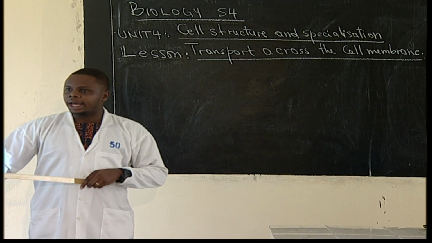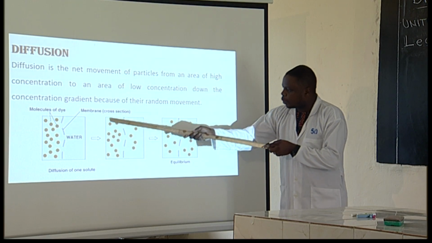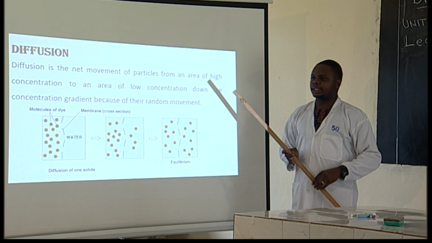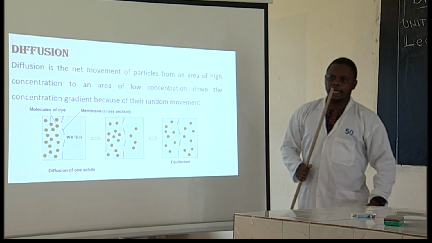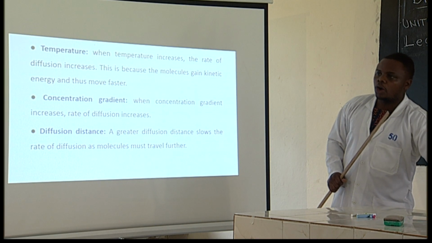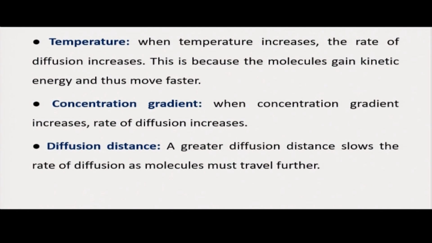When it is there, that means particles can move very fast from where they are highly concentrated to where they are less concentrated. Another factor which affects the rate of diffusion is the diffusion distance.